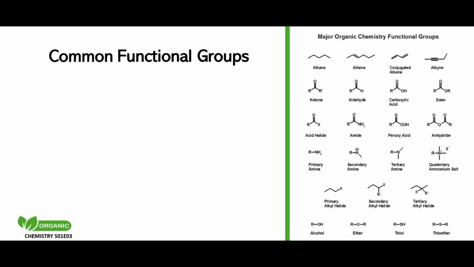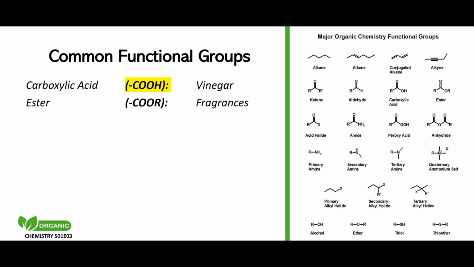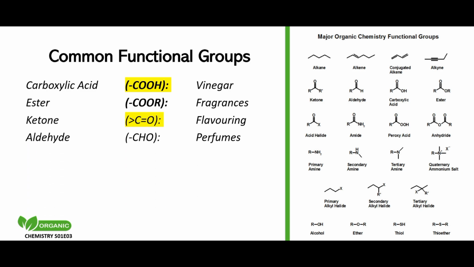Carboxylic acids, COOH. Responsible for the sour taste in vinegar. Esters, COOR. Used in artificial fragrances and flavorings. Aldehydes or alkanals, CHO, and ketones or alkanones, CO. Found in perfumes and food flavoring. Alcohols, OH.